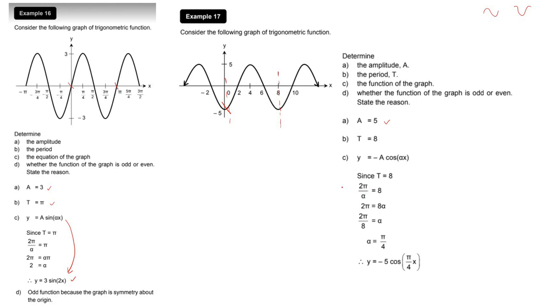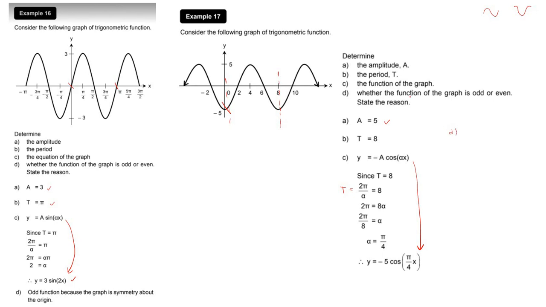To find period, T equals 2 pi over alpha and the period is 8. And then from there we get that alpha equals pi over 4. So we can just substitute. We know that amplitude 5, alpha pi over 4, and this is the equation of the graph.